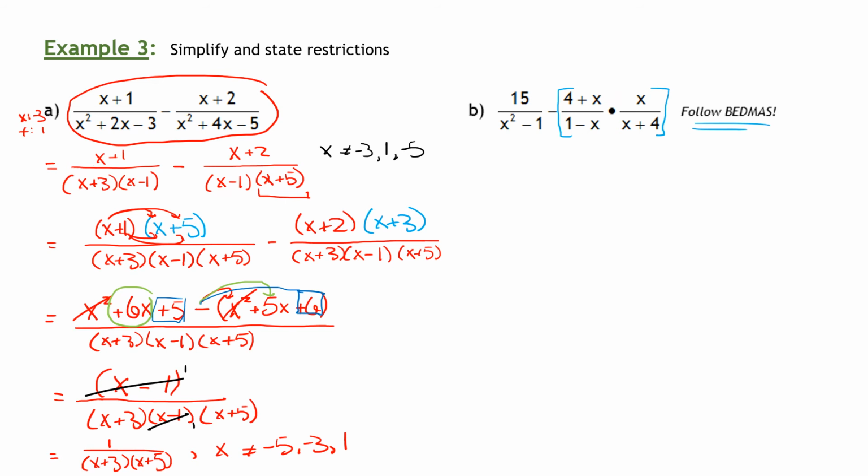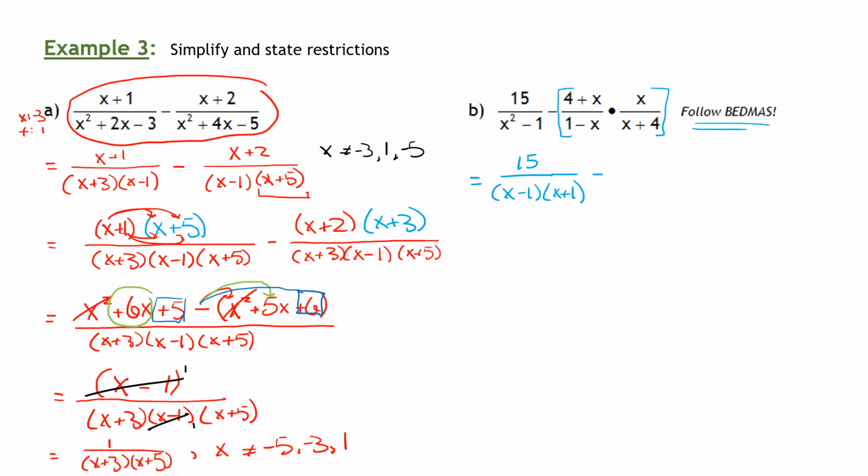So I'm just going to put those brackets there right off the bat so I don't mess anything up. But first I'm still going to factor, but since I noticed the multiplication, I'm putting the brackets up right away. 15 over, difference of squares, x minus 1, x plus 1. Nothing else, there's no more common factors. Actually, I'm going to rearrange this.